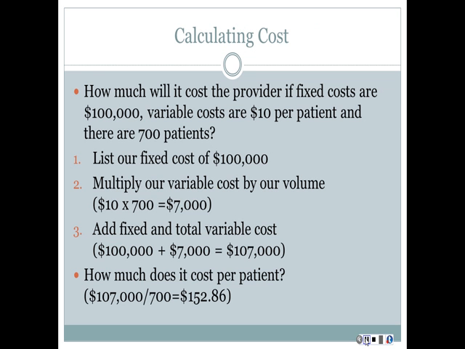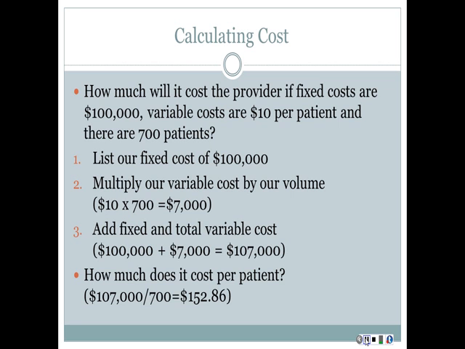Okay. Let's look at how we then would calculate costs using just fixed and variable costs. How much will it cost a provider if fixed costs are $100,000, and variable costs are $10 per patient, and we have 700 patients? Well, we list our fixed costs, $100,000.